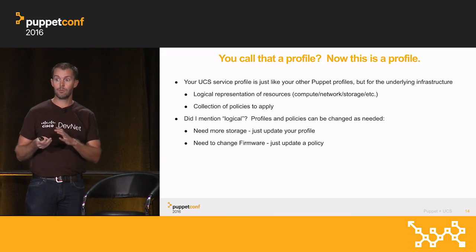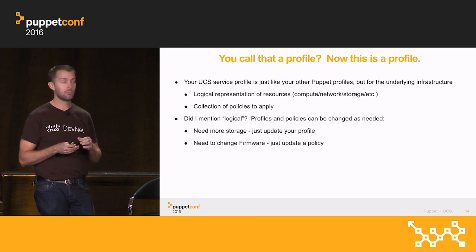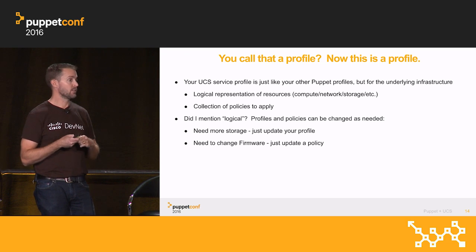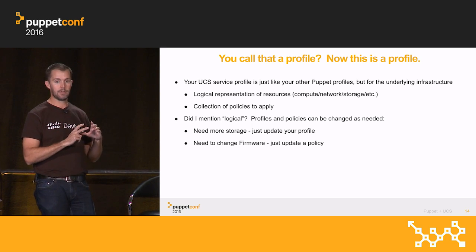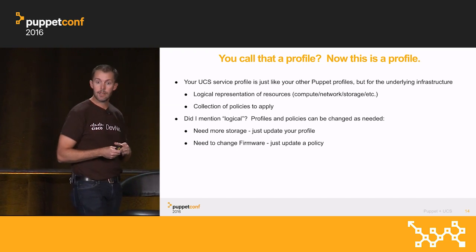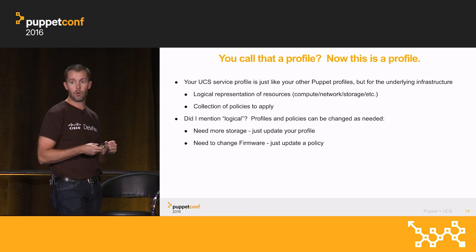But the profiles also are used for the actual storage piece of it. So what I'll show in just a second is our new storage server, the 3260. And storage profiles are actually at the chassis level for that server and then configured into what you needed. And then all of that is logically applied with a service profile.